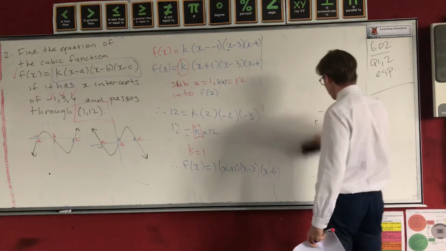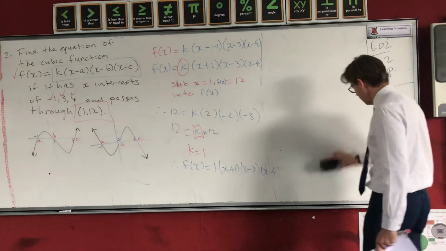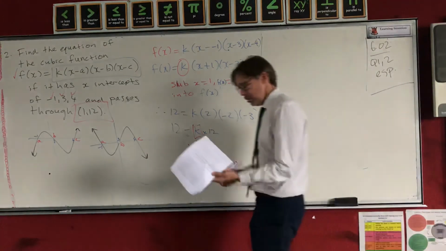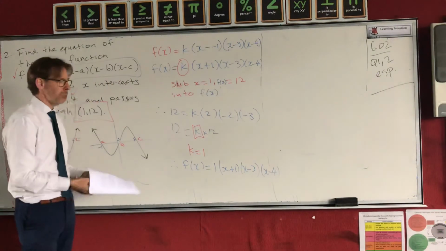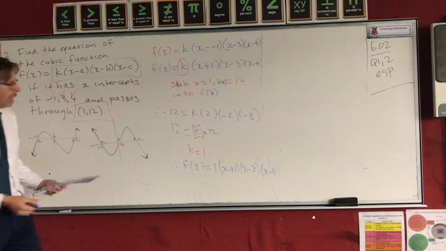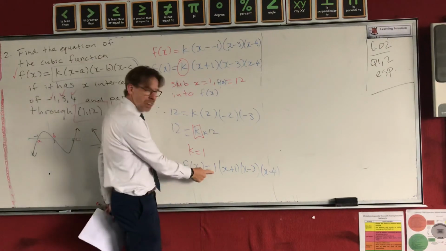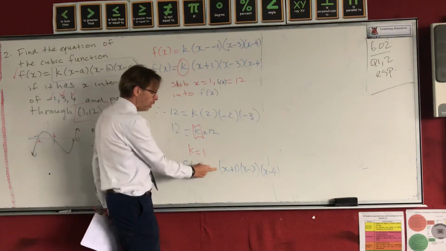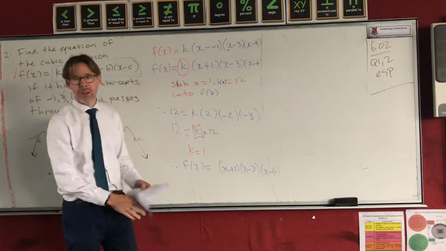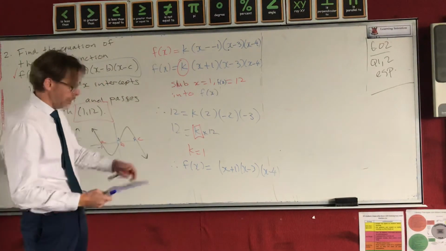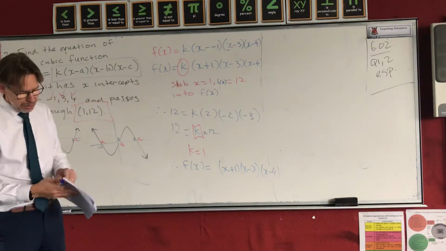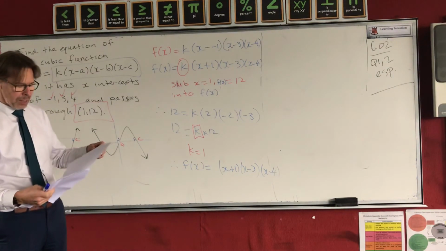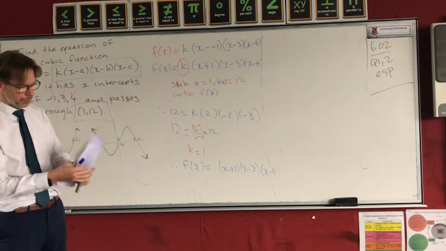Sorry if I stood in the way of the whiteboard there. I'm getting used to standing side on a bit more now so you can see everything. By the way, that last answer, you don't need the 1 there, of course. Get rid of the 1. Only put something there if it's not 1. So that's your final answer. And that is all there is to it.